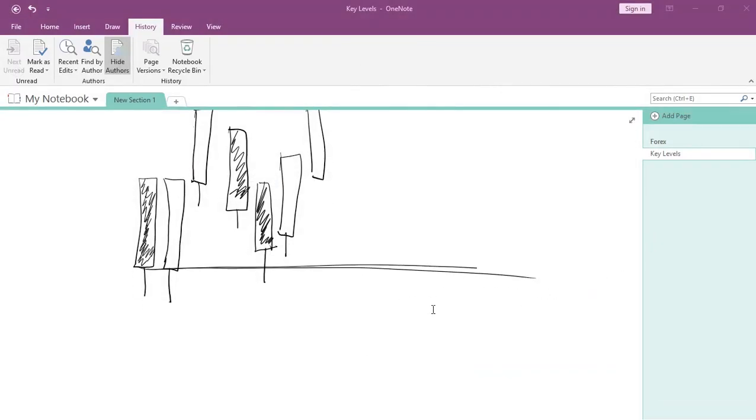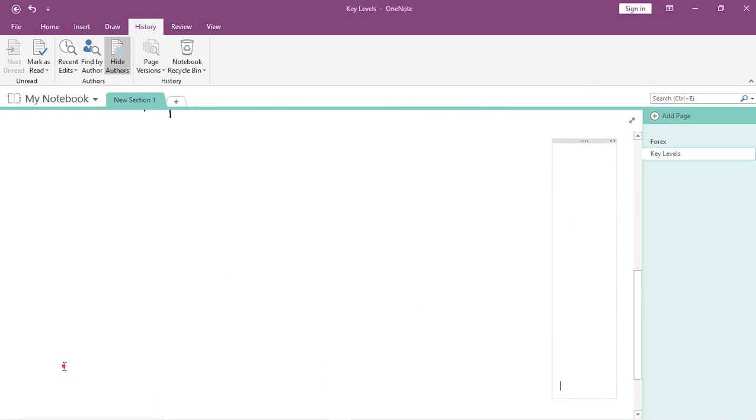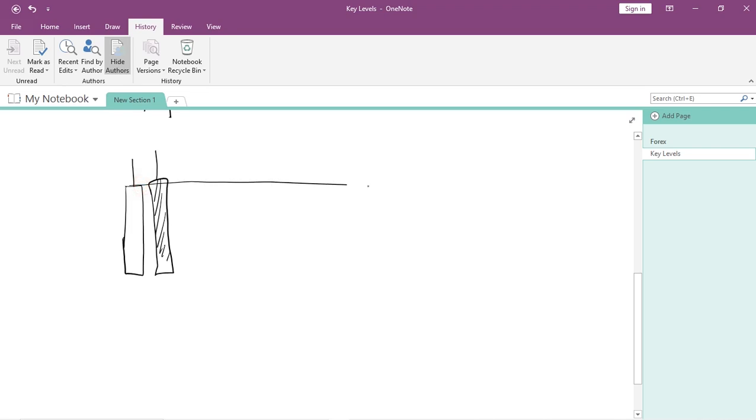Imagine you have two candles. Imagine this is your buy candle and this is your sell candle, and this is your wick. You draw this level here. You have a candle that came this way and sold downwards.